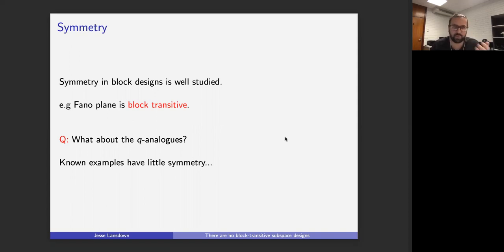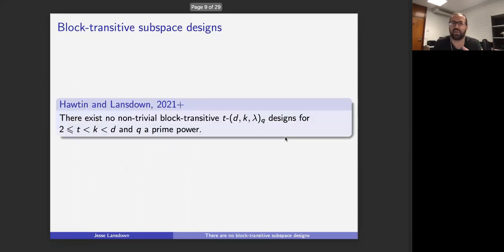So most of the known examples I can think of, their automorphism groups are normalizers of Singer cycles and things like that. Which raises the natural question, well, are there block-transitive subspace designs? And the point of this talk is to say, no, there's not.